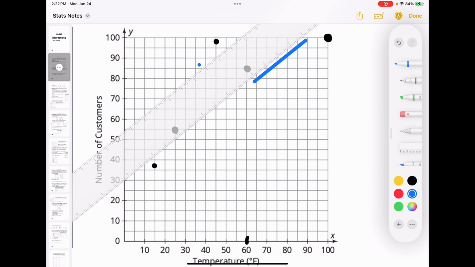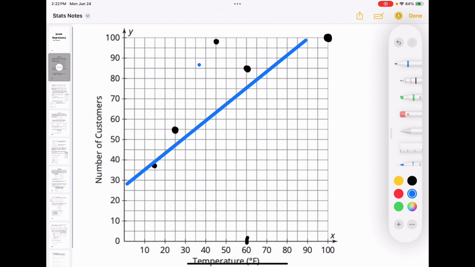So I'm going to say this would be my line of best fit. Okay, and that's just an approximation. So it doesn't have to look exactly like mine, because we're going to figure out how to find the real one in just a second.